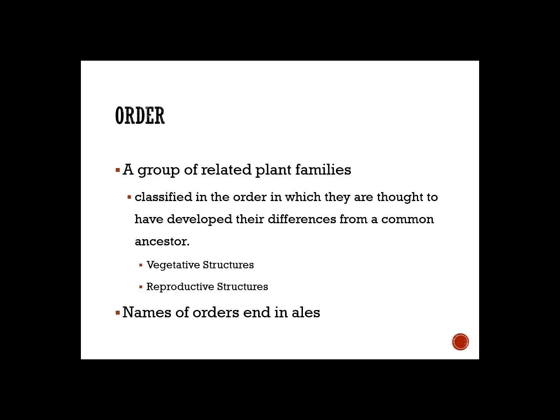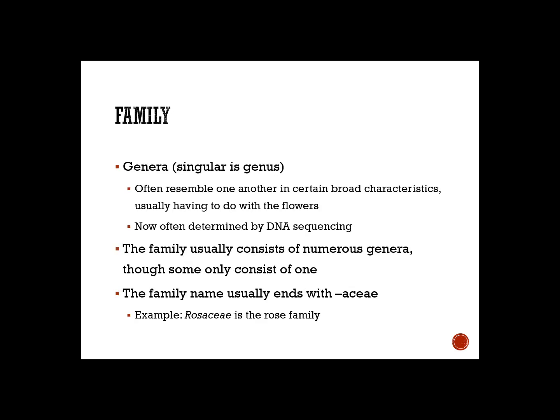Order is a group of related plant families that developed their differences from a common ancestor. This includes vegetative structures and reproductive structures, and the names of orders end in -ales. Genera, the singular is genus, often resemble each other with broad characteristics, usually having to do with flowers, but often now determined by DNA sequencing.